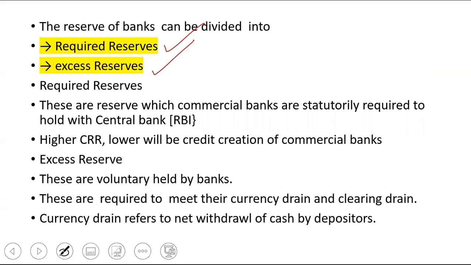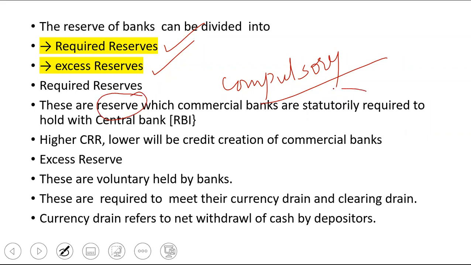See, required reserve means it is the compulsory reserve. That means these are the reserve, security cash. These are the reserves which the commercial banks are statutorily required to hold with central bank.